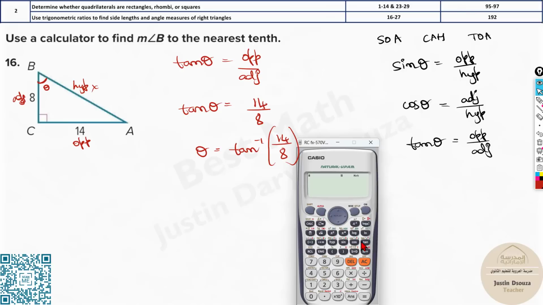Press shift and then tan, you get tan inverse. 14 divided by 8, close the bracket. The answer is 60.25, but you need it to the nearest tenth. Tenth means only one digit after the decimal point. So it is 60.3 degrees. So the measure of angle B is equal to 60.3 degrees. That's the answer.